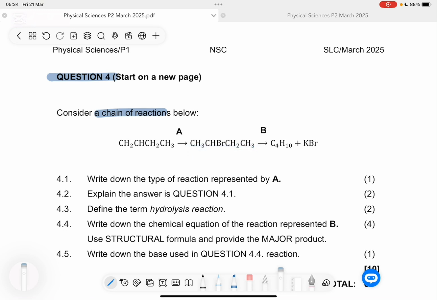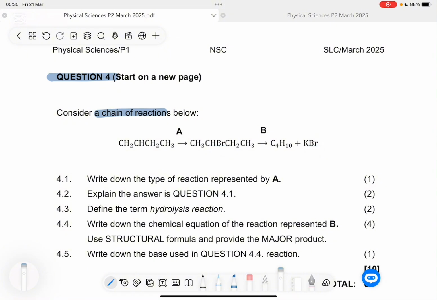And here they use the molecular formula, so it's not so obvious to look at, but we can see that we also have this product that comes out, the potassium bromide, where the bromine that used to be on the molecule is now part of this potassium bromide.